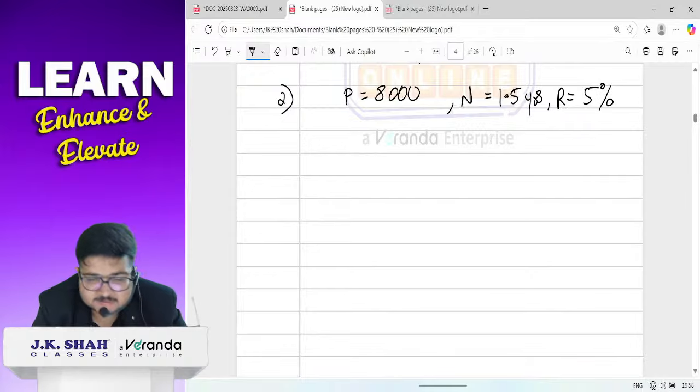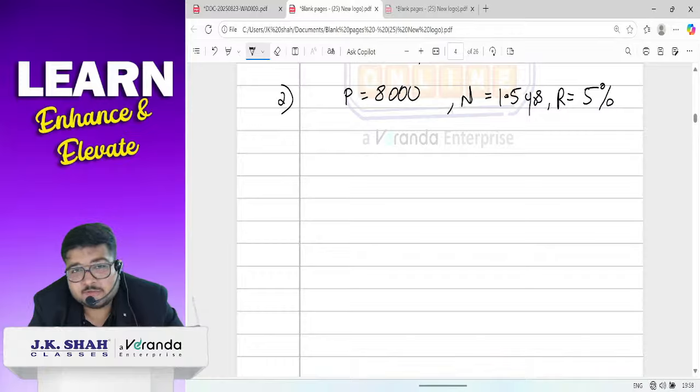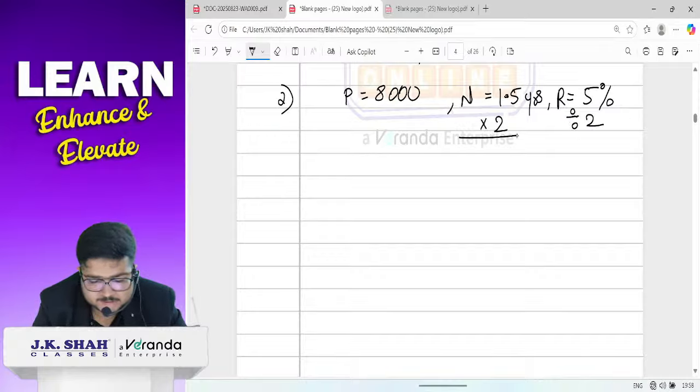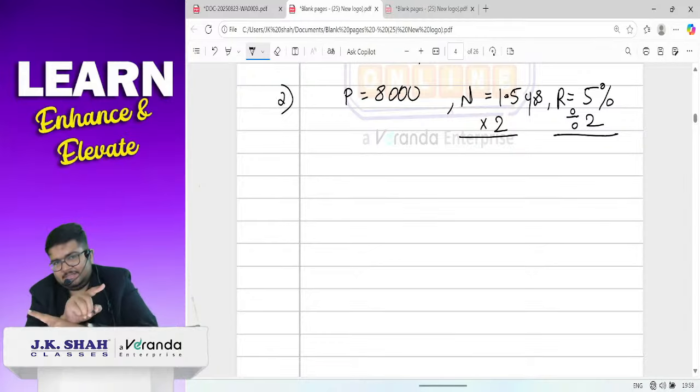Again, this is a half yearly sum, so you have to make two adjustments in this sum. What are the two adjustments? You will multiply by 2 and you will divide by 2. Don't reverse this adjustment, please.